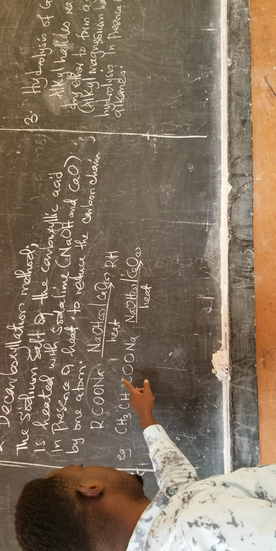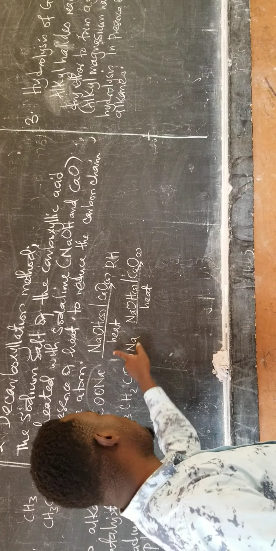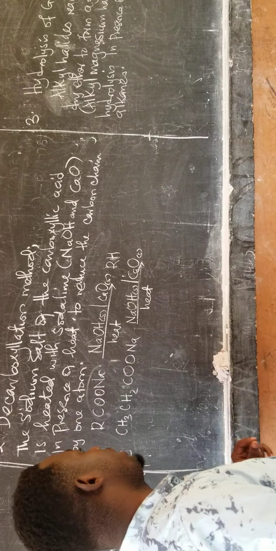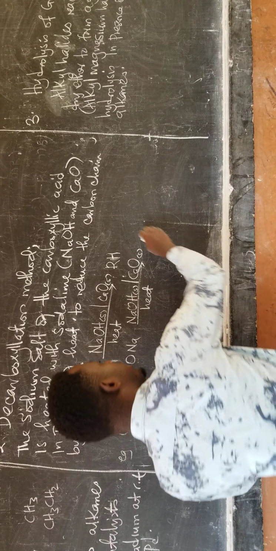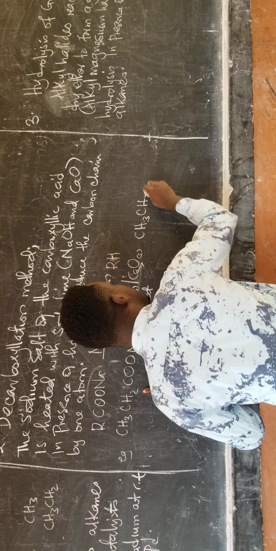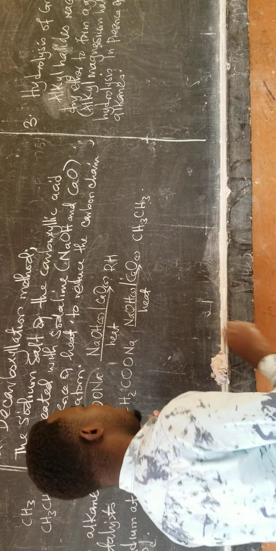In that case, this carboxylic group is going to be chopped off and replaced by hydrogen, and therefore we end up with CH3CH3, which is actually also an alkane.